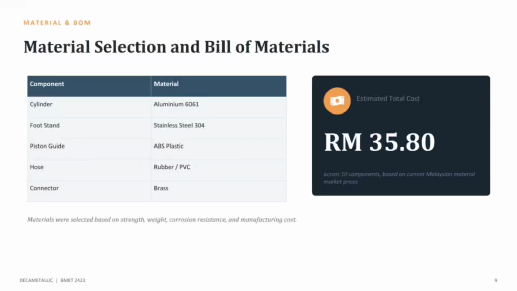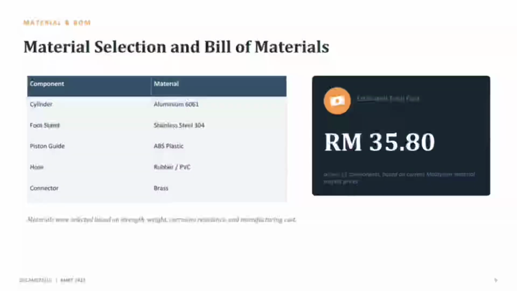The foot stand bracket uses stainless steel 304 for its strength under load. The piston guard uses ABS plastic for its low friction properties. The air hose uses rubber or PVC for flexibility, and the hose connector uses brass for its pressure resistance.